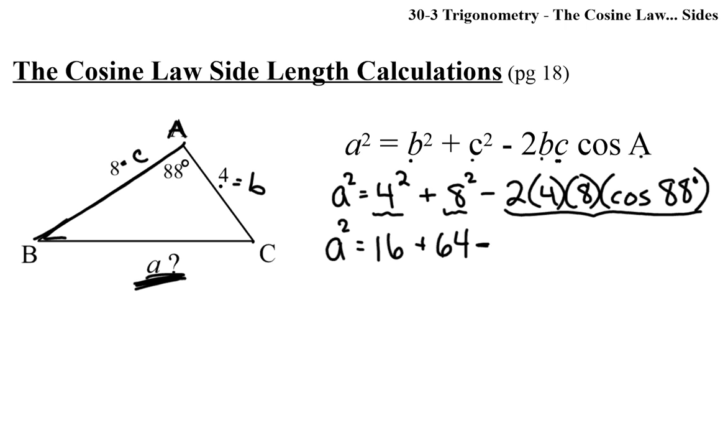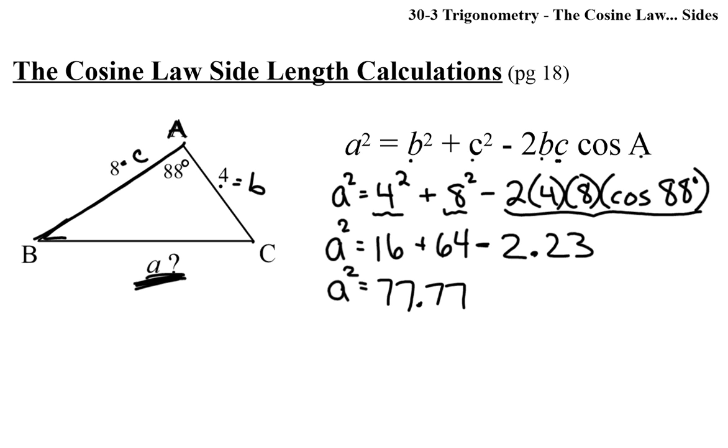I can add 2.23 into this, and A squared will equal 77.77. There's my value.